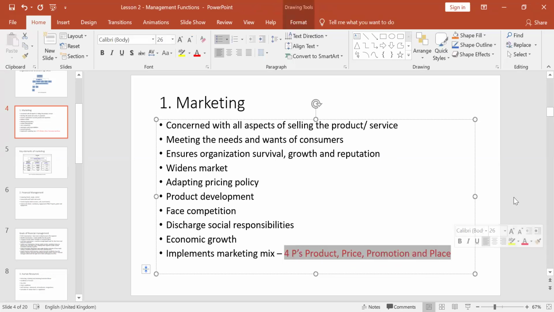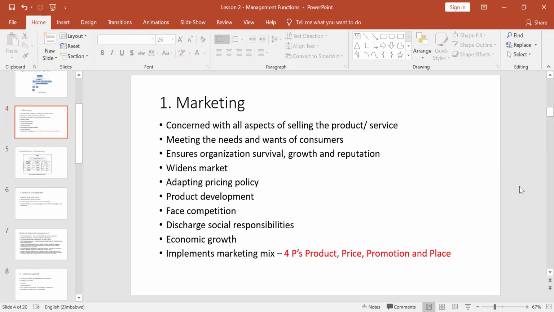They want to look at the product that they are producing as an organization. That's the product or service. They want to ensure that it's the best that it can be. They want to look at the price.